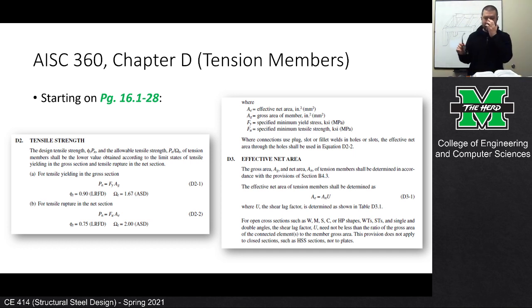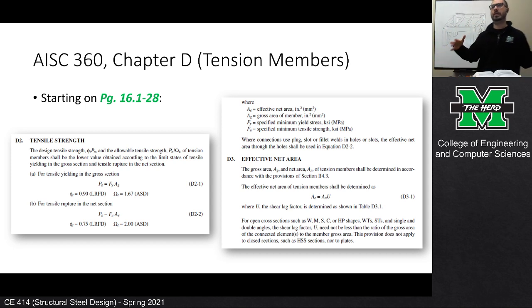Well, if we're talking about the tension member, remember the behavior of steel and how steel behaves when you apply load to it. So if I take this member and I yank on it, it will behave elastically until I hit the yield stress. And once I hit the yield stress, I will start to experience permanent deformation. So remember, once you exceed Fy, if you let it go, it'll be permanently elongated.